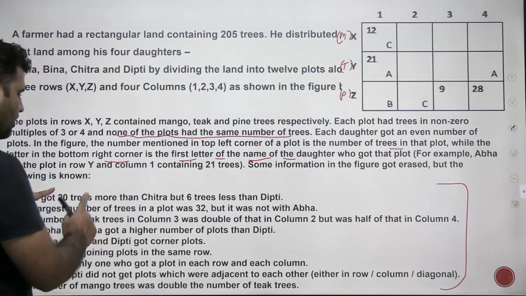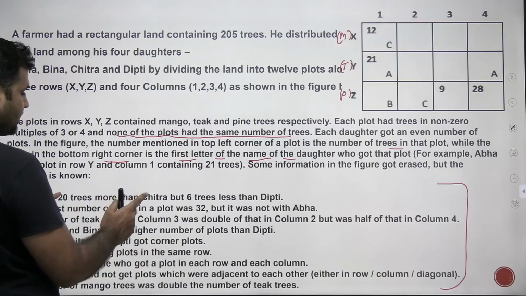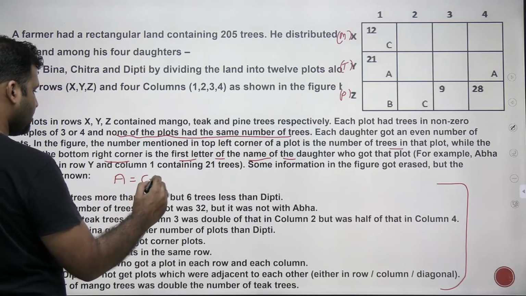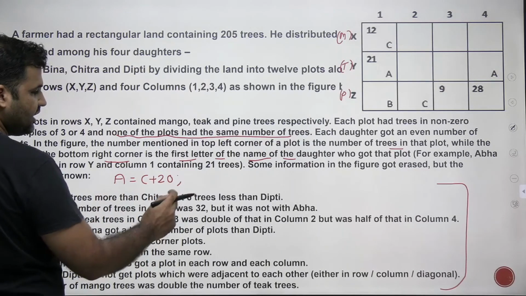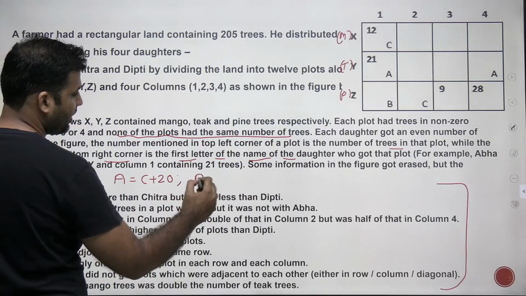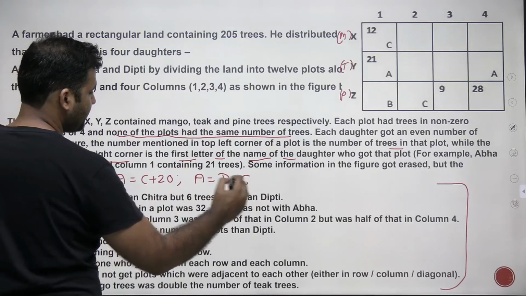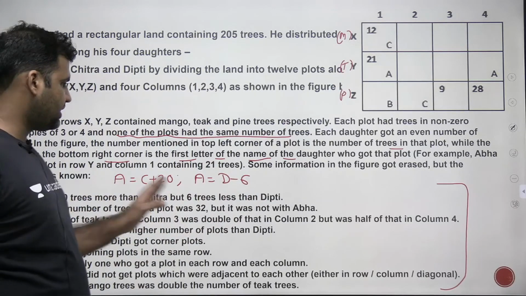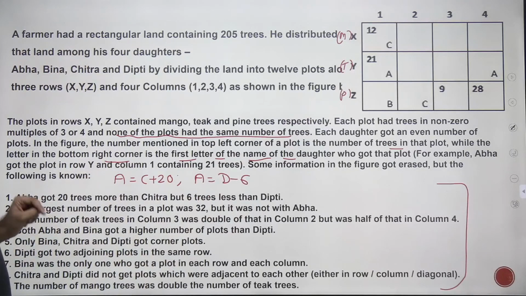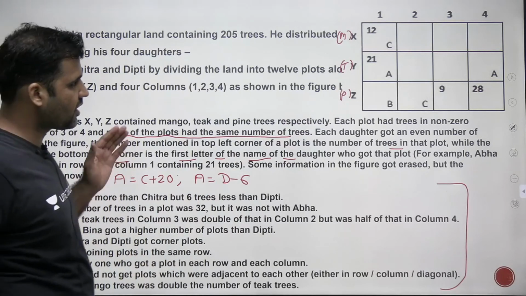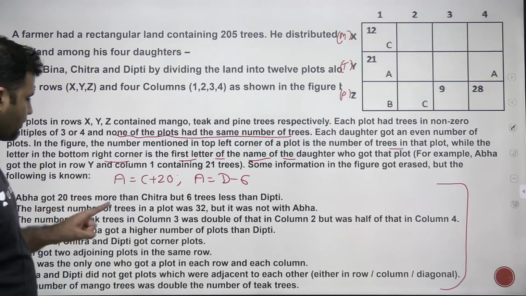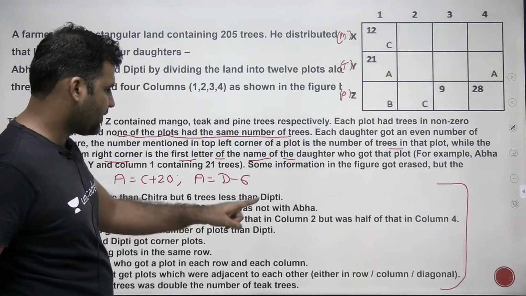So the number of trees with Abha is 12 more than Chitra, but it is 6 trees less than Dipti. So that's how A, C and D are connected with each other in terms of number of trees. We'll use this information later because right now we don't know the number of trees with Abha and all, right? The largest number of trees in a plot was 32, but it was not with Abha.